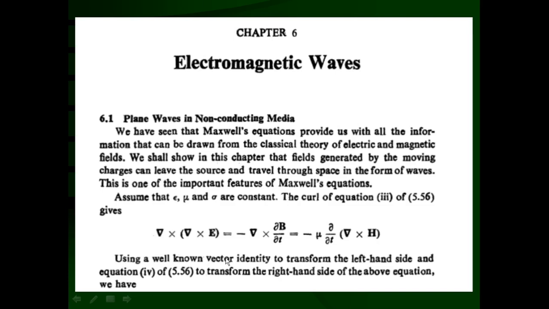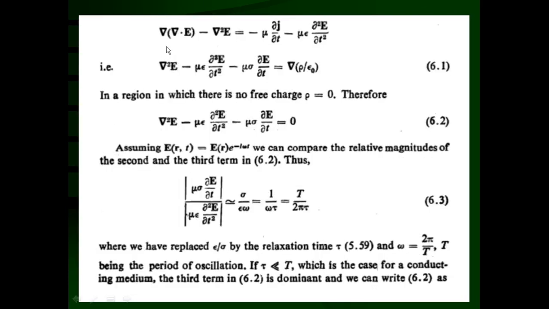So using the well-known vector identity to transform the left-hand side of equation 4 of 5.56, and to transform the right-hand side of the above equation, we get, the left-hand side is nothing but the vector triple product. So the gradient of divergence of E minus Laplace operator del square E will be there.